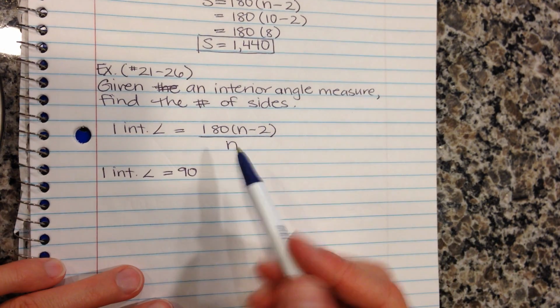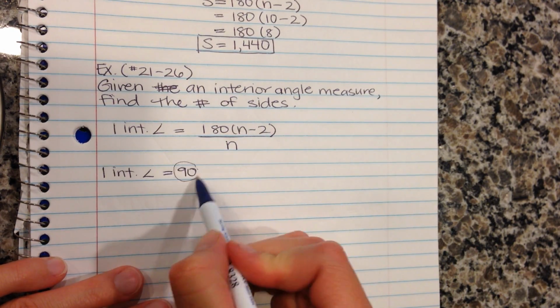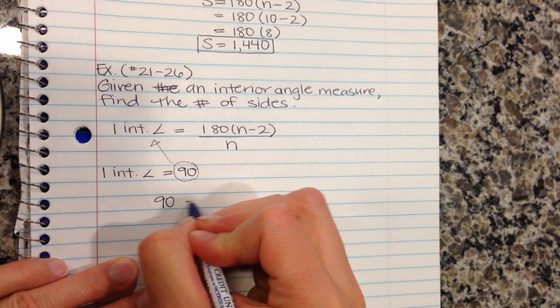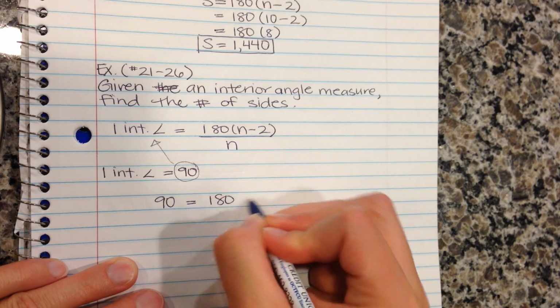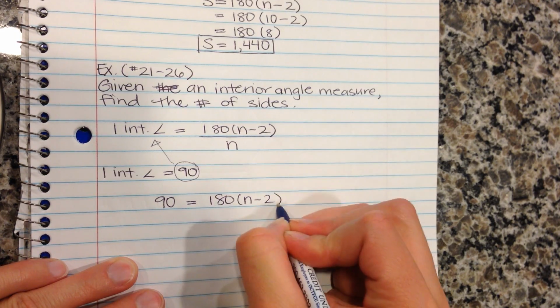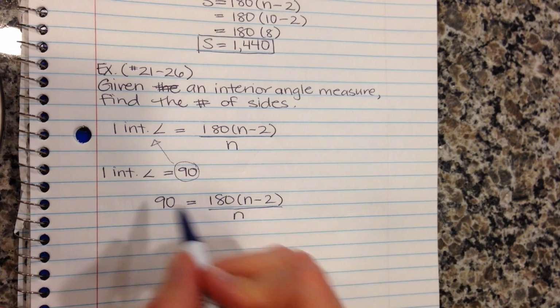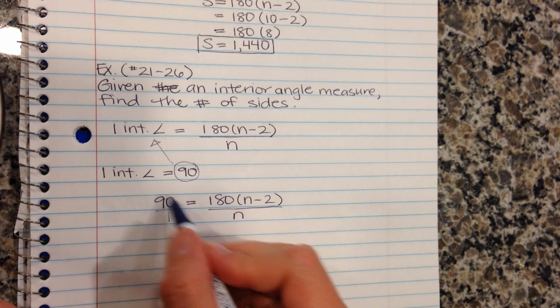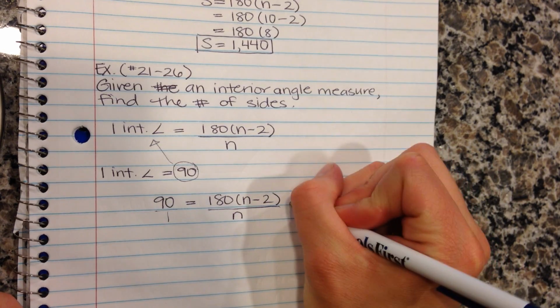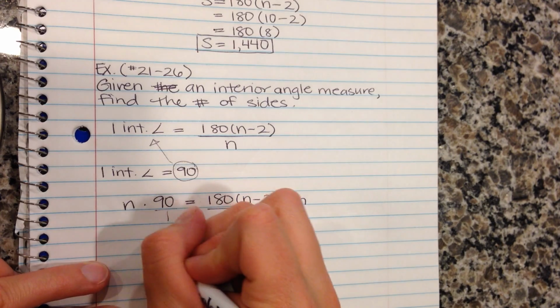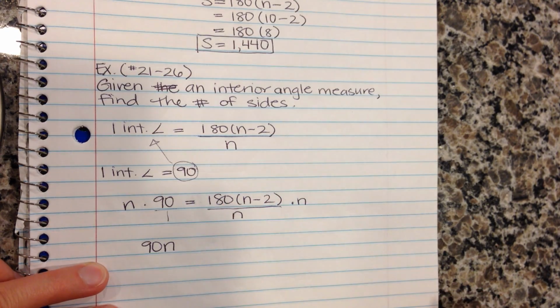Then this 90 will go into place right there. So 90 is equal to 180 times n minus 2 over n. And some of you like to see this over 1 because then you can cross multiply, but I know that I can just multiply both sides by n. This is my style of math, so I'm going to do it that way.